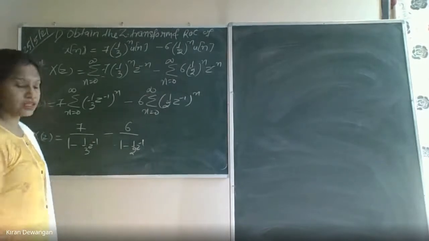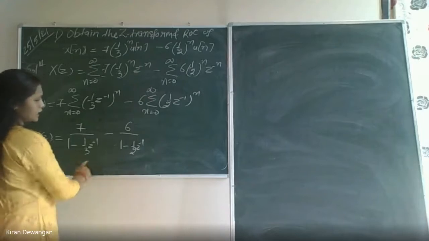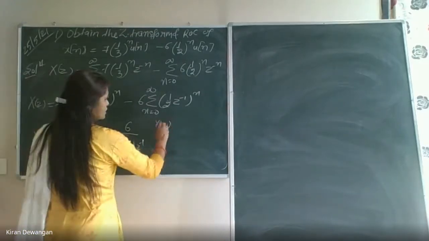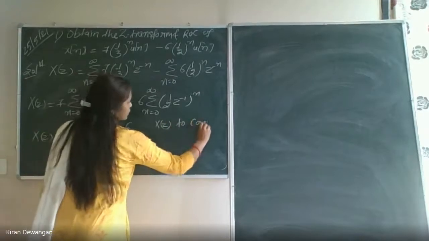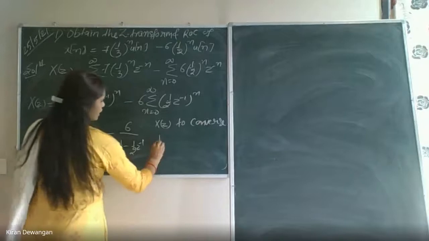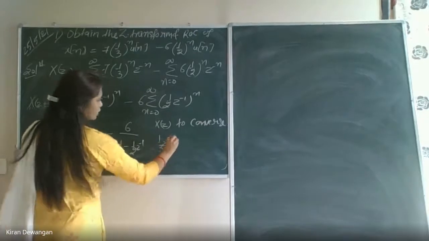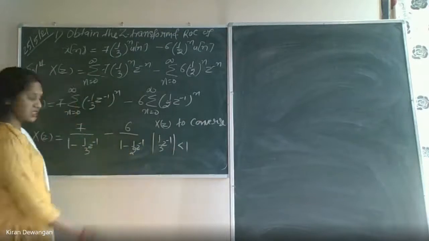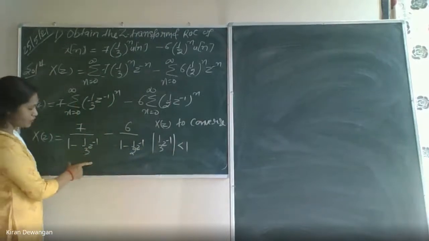Now in this one, when this is the x of z, for the x of z to converge, what should be the answer? That is, अगर ये converge होना चाहिए, then in that case, for x of z to converge, it should be mod of 1 by 3 z to the power minus 1 should be less than 1. This is our first condition from the first term.